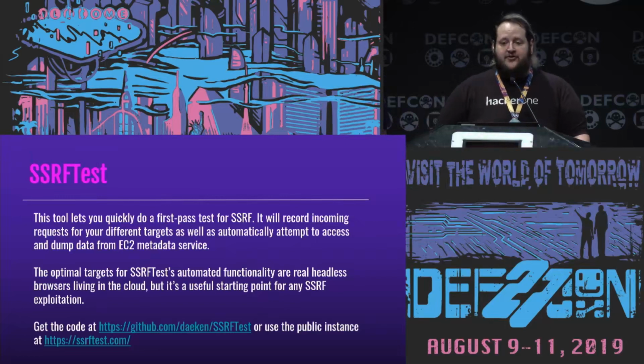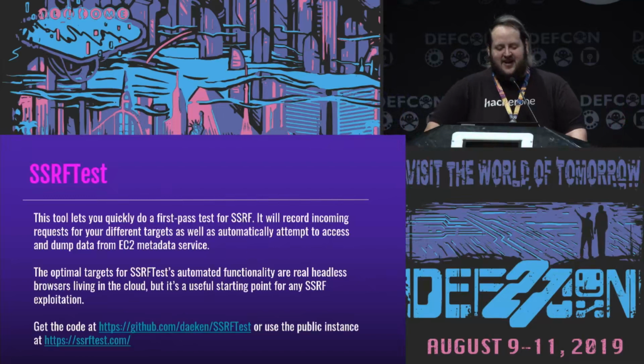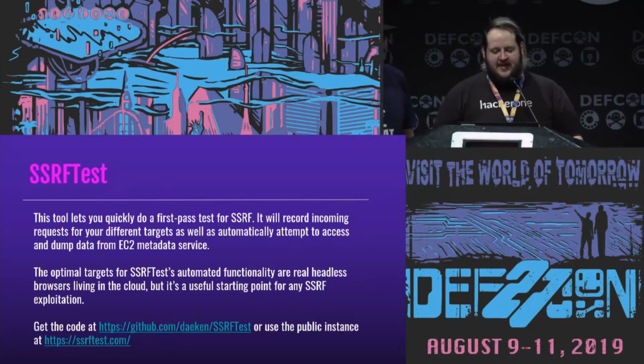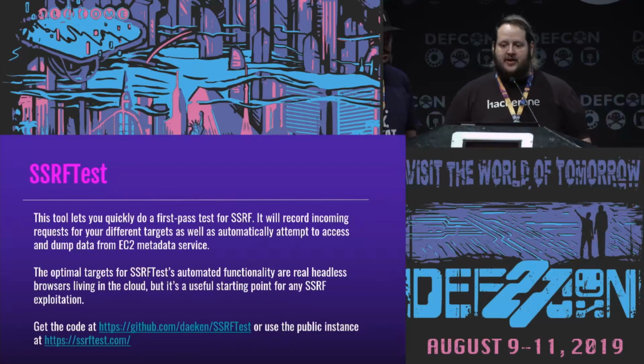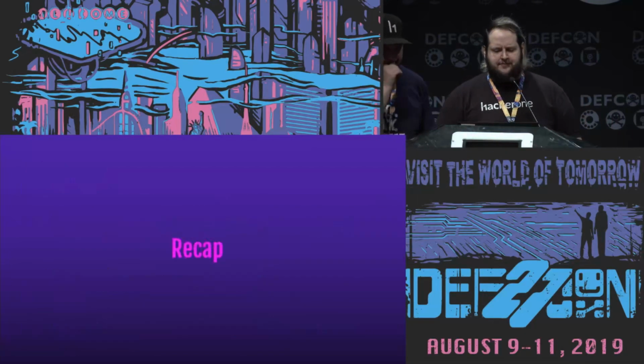But if you don't want to run it yourself and you trust me enough, which in theory you shouldn't, ssrftest.com, make sure you go to it with HTTPS or things will go weird. That's the public instance for it, and this is what I personally use for all of my testing for SSRF when I'm trying to just figure out what I'm dealing with initially.